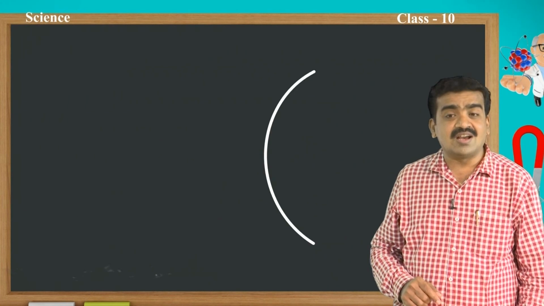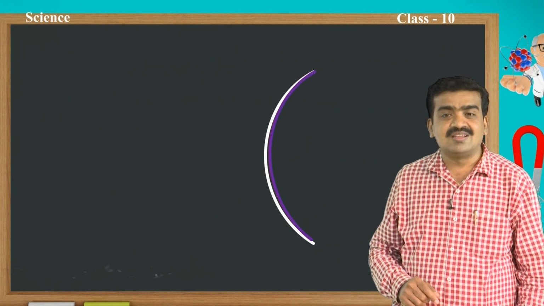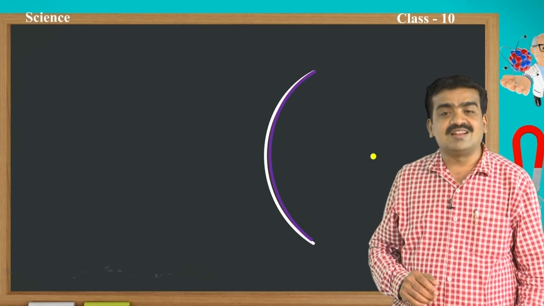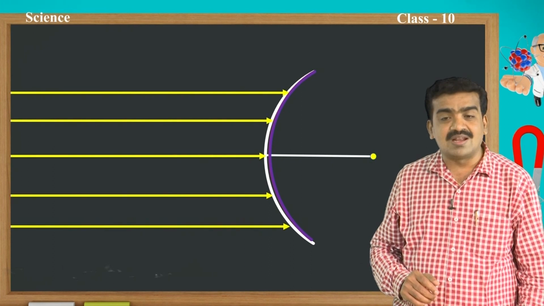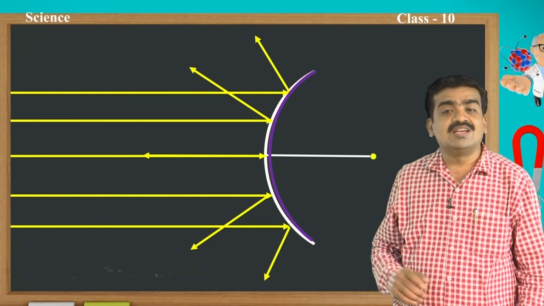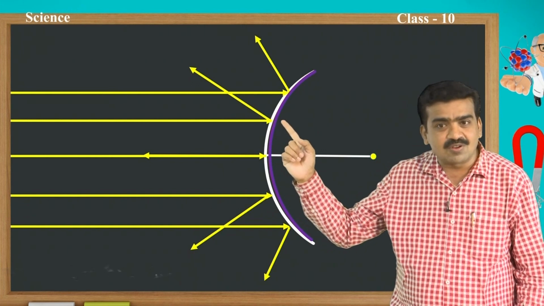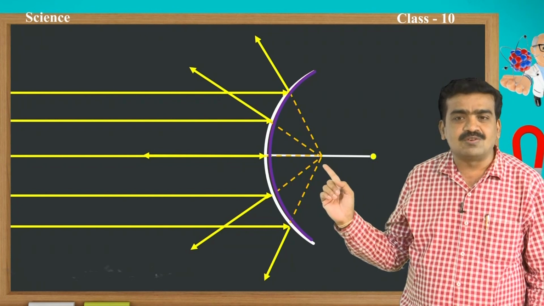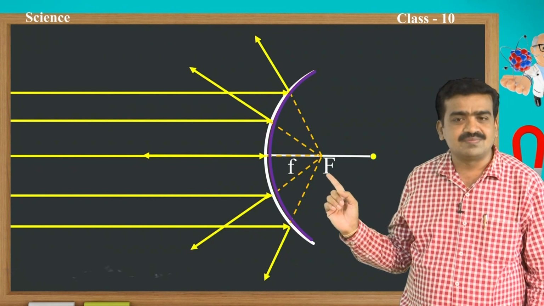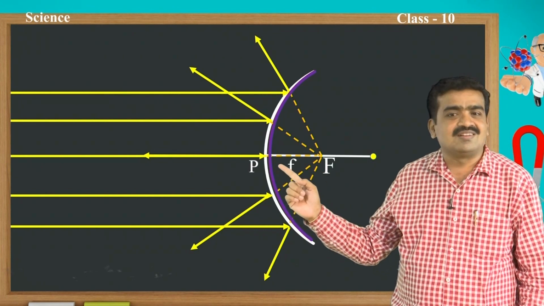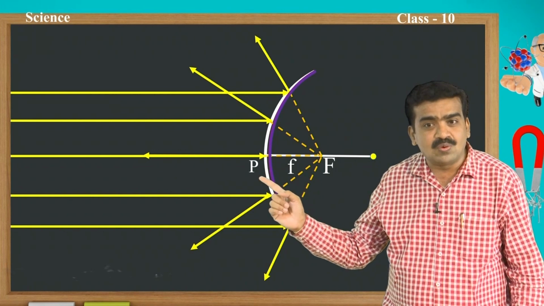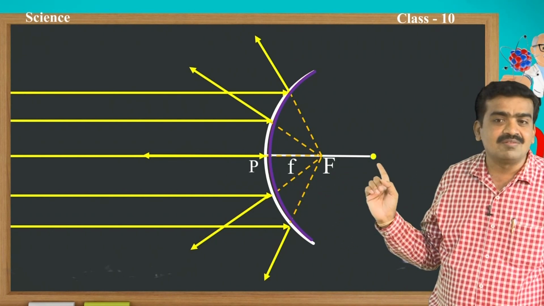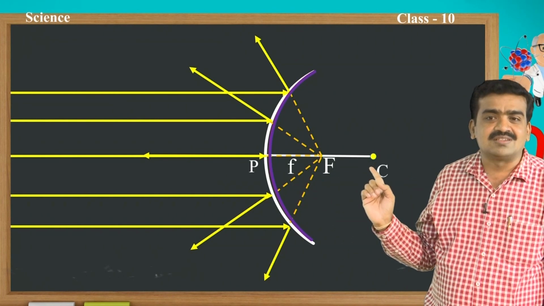In a convex mirror, the reflecting surface is bulged outward, and the ray which passes parallel to the principal axis is reflected like this. If you draw the reflected line back, we get the principal focus over here, that is capital F. Again, the distance between the pole and the principal focus is called the focal length, and here you have the center of curvature.